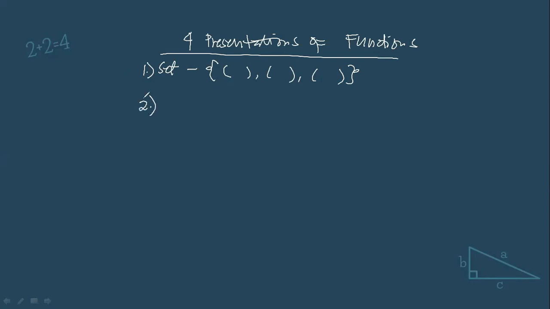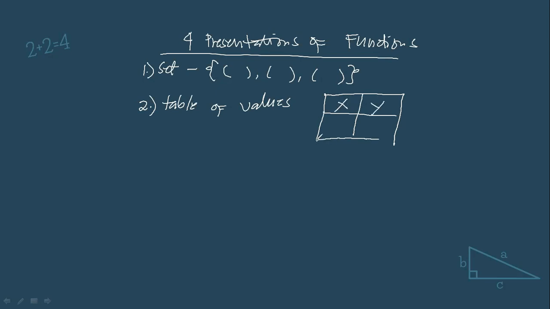Yung pangalawa po natin is table of values. So for example po, meron kayong nakita sa exam or sa sinasagutan nyo na table po, naka-tabular form, wherein naka-indicate kung sino si X at kung sino si mga Y. So pwede na po nating ma-identify if that table po is representing a function or not a function.